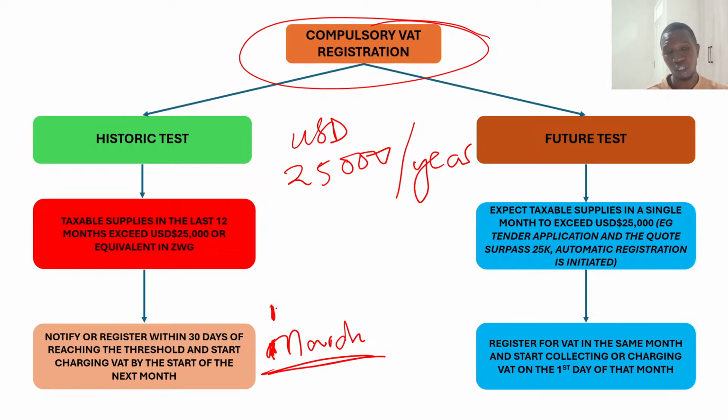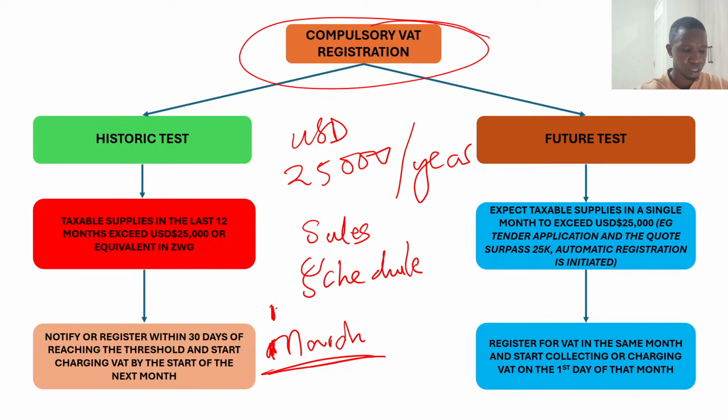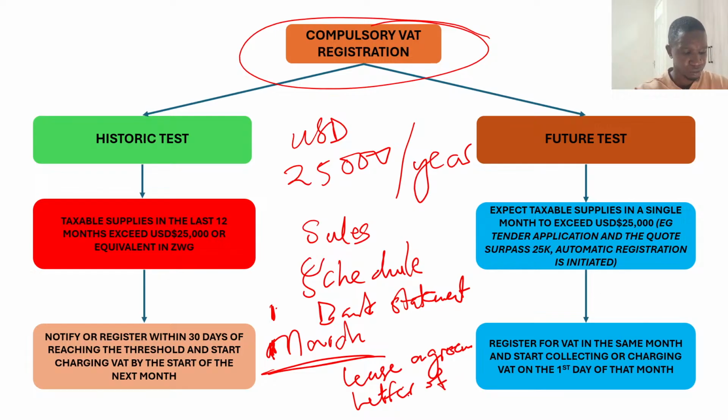On the requirements of VAT registration, they will need your sales schedule, your bank statements, your lease agreement, a letter of appointment of public officer, and also a sales forecast.